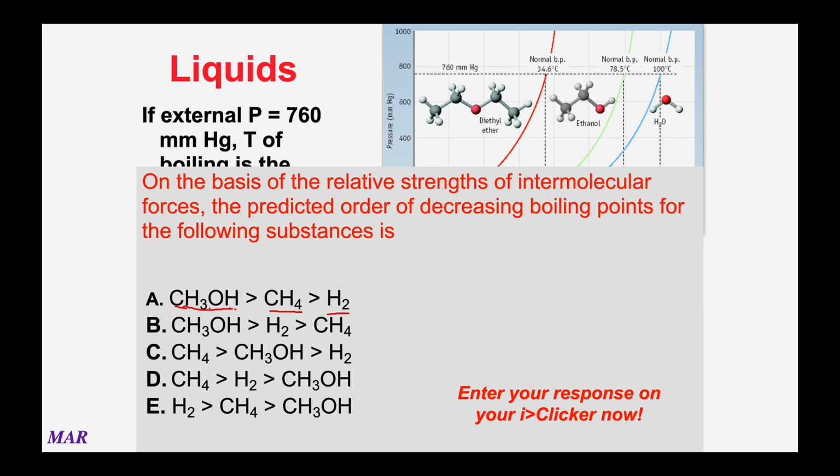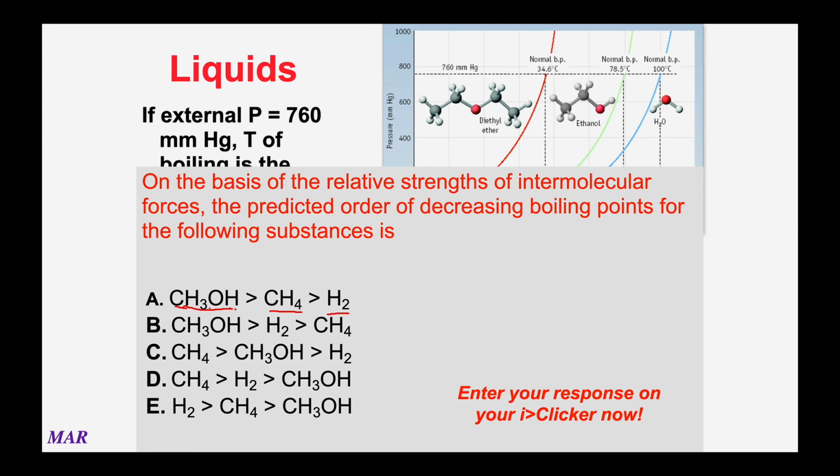Well, you can probably see that methanol, CH3OH, has a hydrogen bond, and that's going to be stronger than the other two, which don't have hydrogen bonds. So since we want strongest to weakest, or highest boiling points to weakest boiling points, methanol should be the first one because it's got the strongest intermolecular forces.